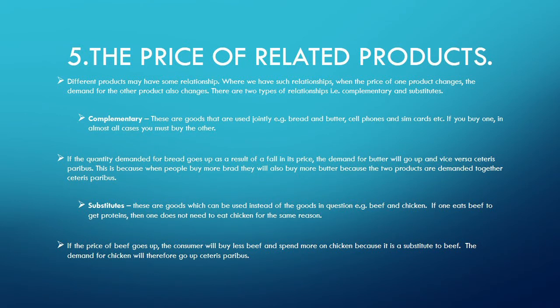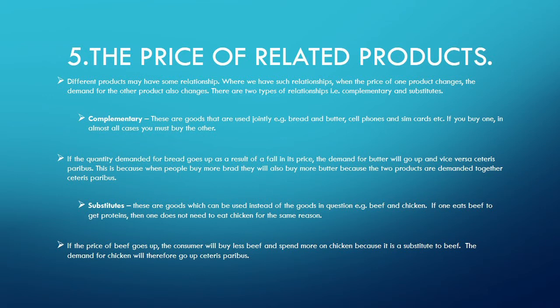The other factor affecting demand is the price of related products. And what we note here is that there are two types of relationships. One of these relationships is the complementary relationship.